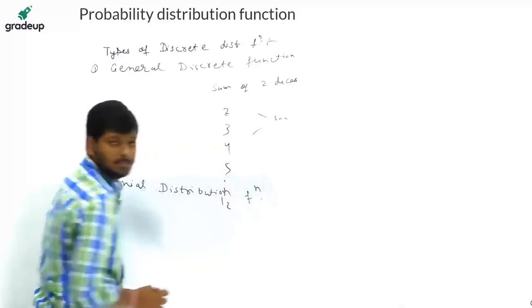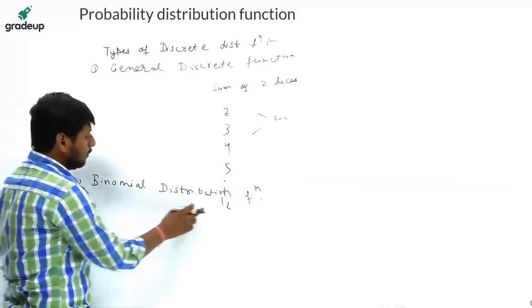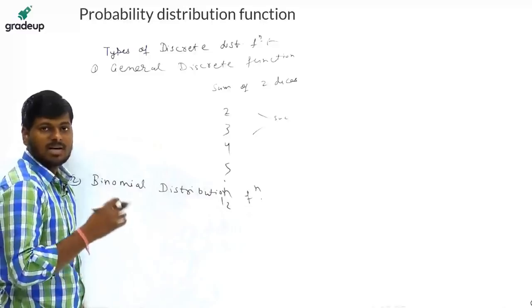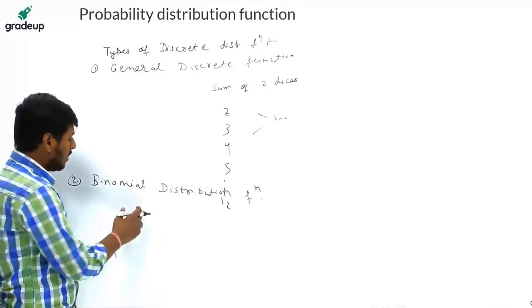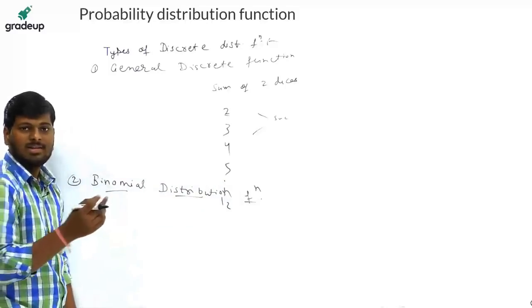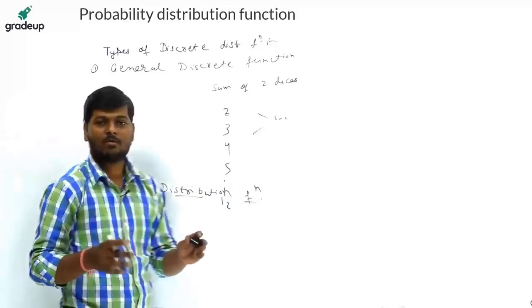What is binomial? In binomial, there are two properties: one is success, and the second is failure. Suppose there is one product and one company is manufacturing that product, say a bottle.